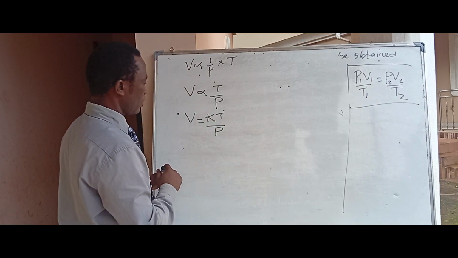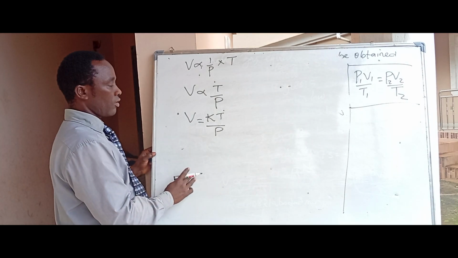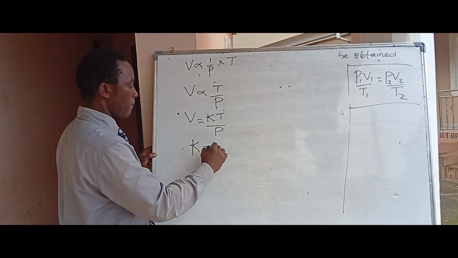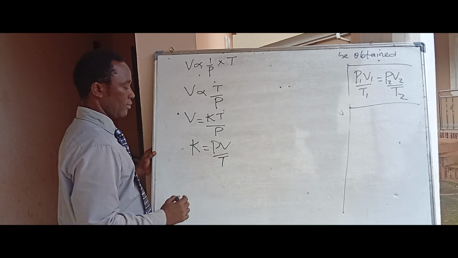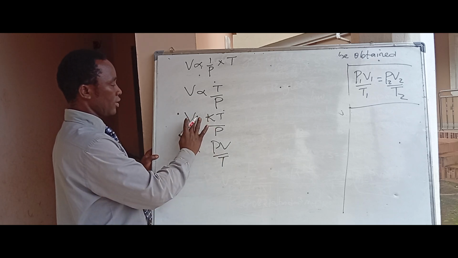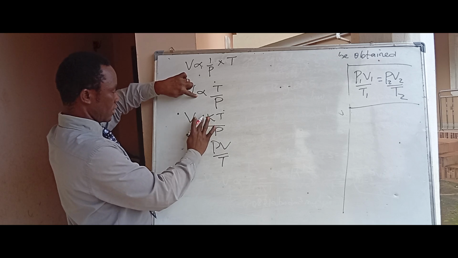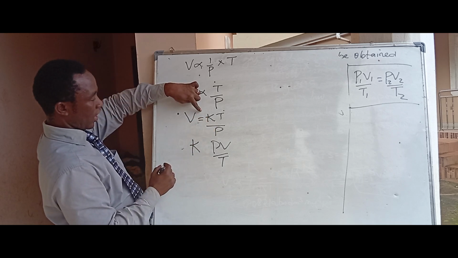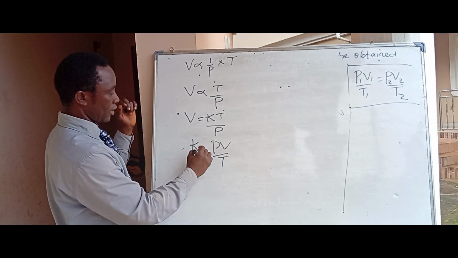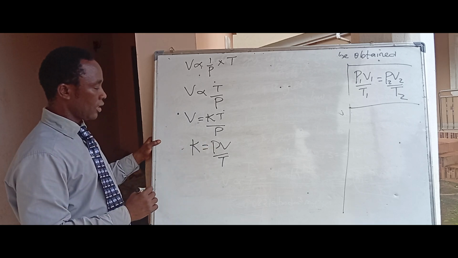So what happens? We make the constant the subject of the formula so that the constant becomes PV over T. Because I've introduced a constant, it is now an equal sign. So K will become equal to this.